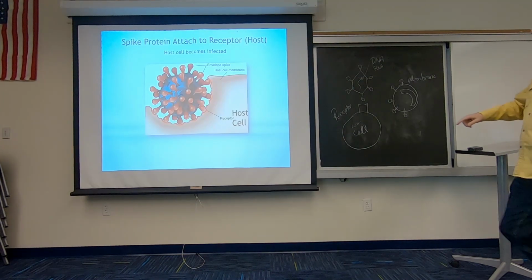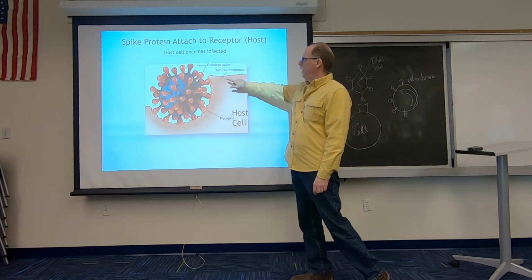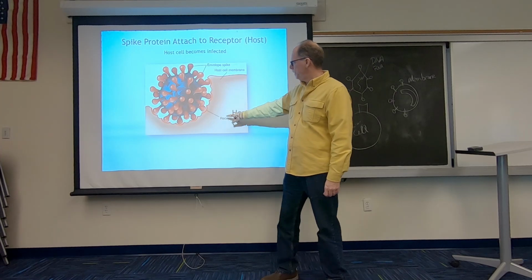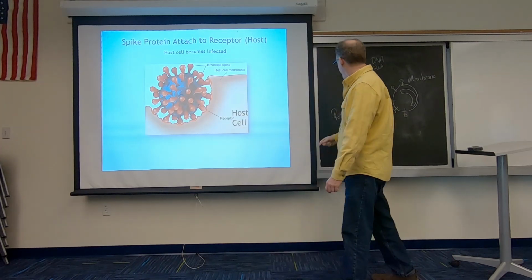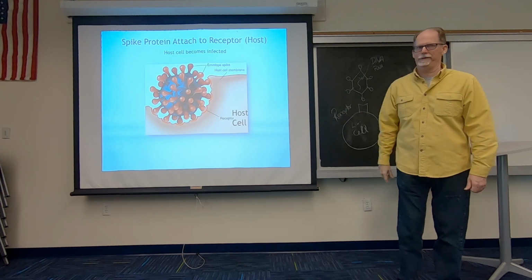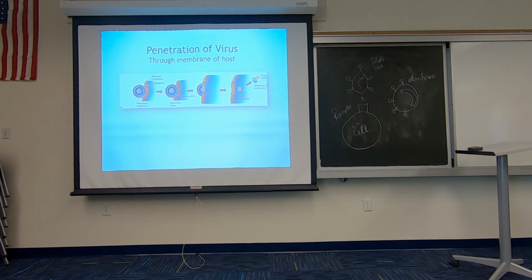Host is the host cell, and then the spike protein attaches to a specific receptor. They're not showing the receptor the way I do on here. I think this drawing is a little bit better, but that's what's in your textbook, I think.